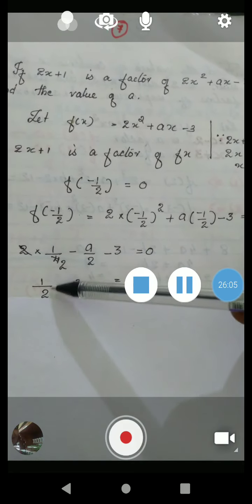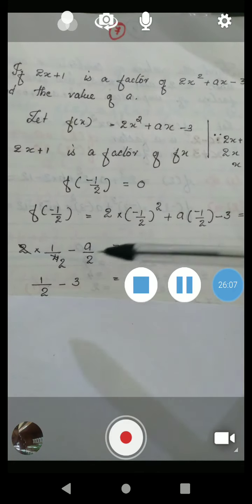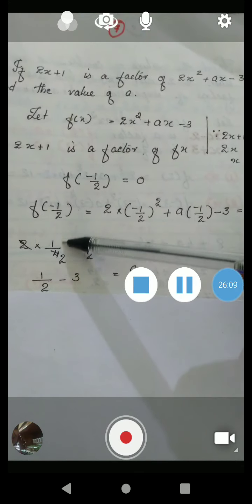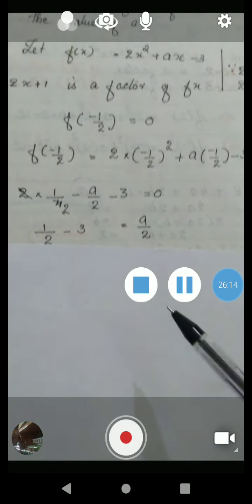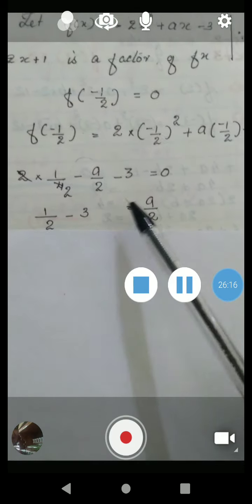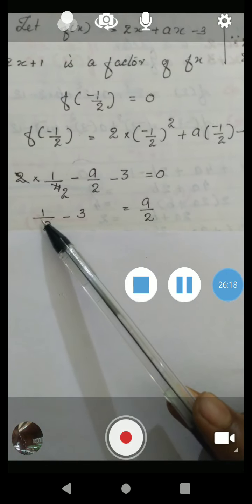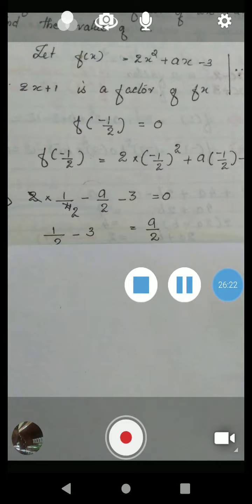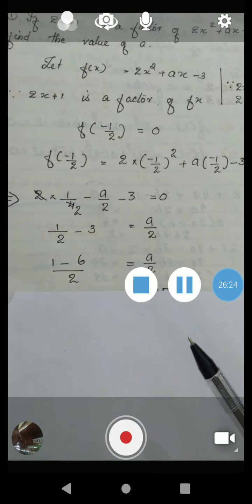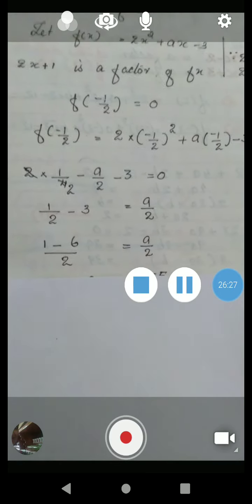Here we get 1 by 2. And here you can transpose this minus a by 2 to the right side, and minus 3 here. So 1 by 2 minus 3 which is equal to a by 2. Simplify that. Take LCM and simplify. 1 minus 6 by 2 which is equal to a by 2.